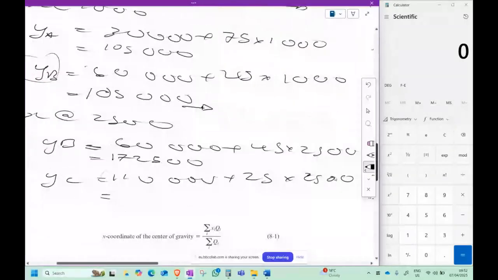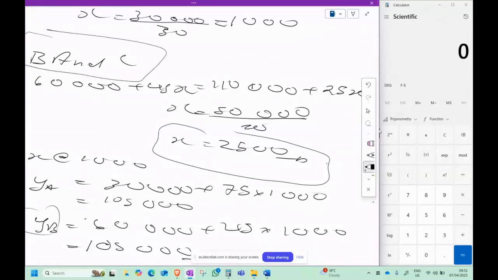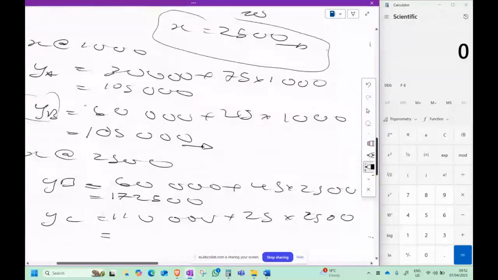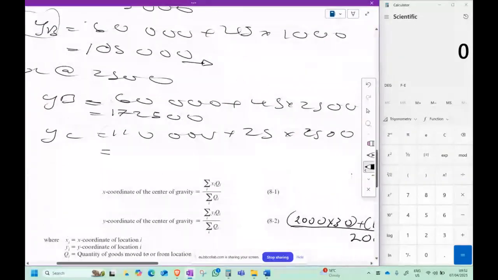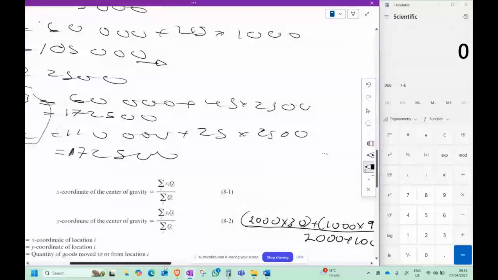Then when you repeat for x at 2.5, which we found through B and C, it only makes sense to incorporate the B again. And for B the values are the same, 172,500. So when you look at the graph, this is your Y values here, and you match the Y values on the X axis, then you'll get all the straight line graphs.